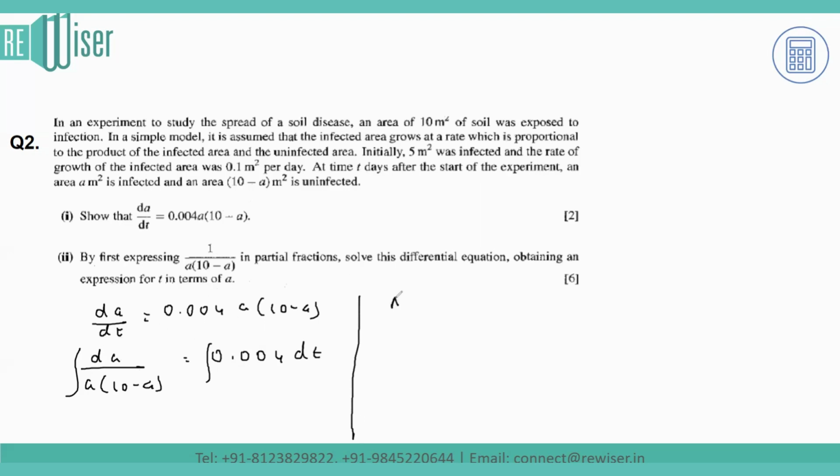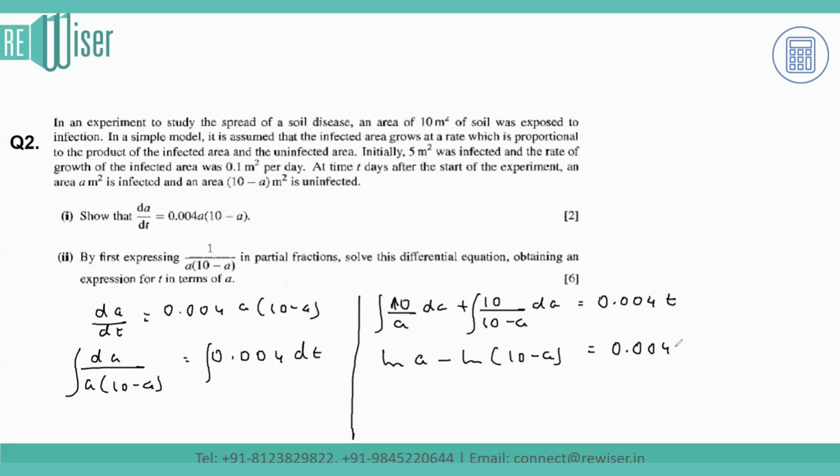So that means it becomes 1/10 over A dA plus 1/10 over 10 minus A dA, and we are integrating it from both the sides, and that becomes 0.004 T. So the integration result should be ln A minus ln 10 minus A, and that is equal to 0.004 T plus C. We know that at T equals 0, A equals 5.